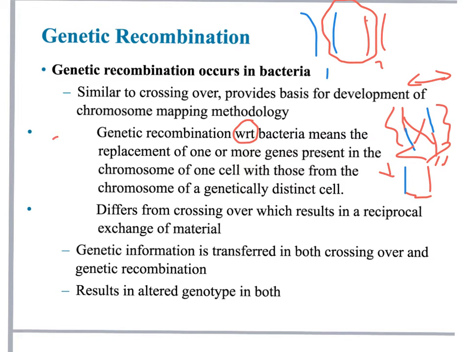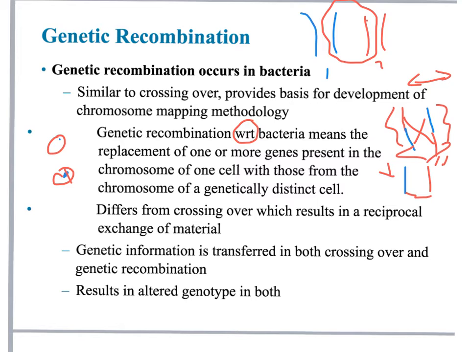So you have two cells here, and we'll put some little blue material right there. Maybe you slice that in half, take that little tiny fragment, and put it in there. It's really just replacing one or more genes in the chromosome of one cell with those from a distinctly different cell.